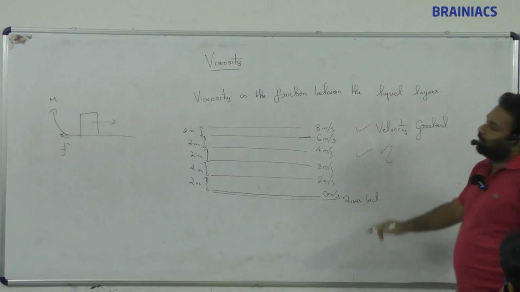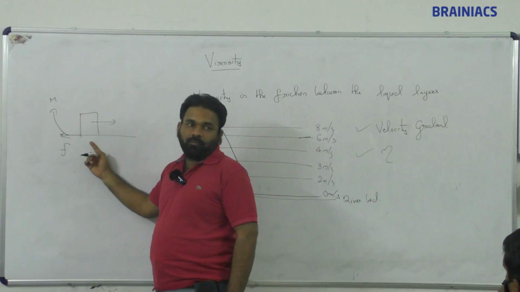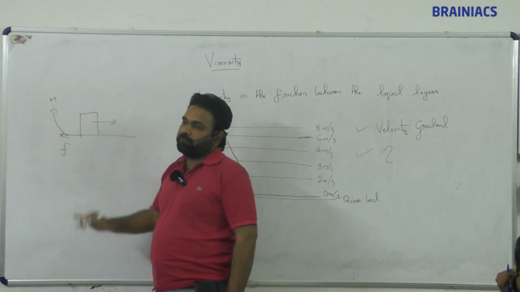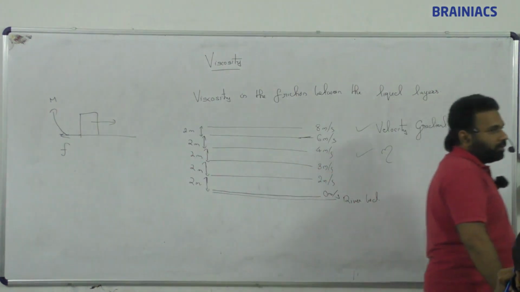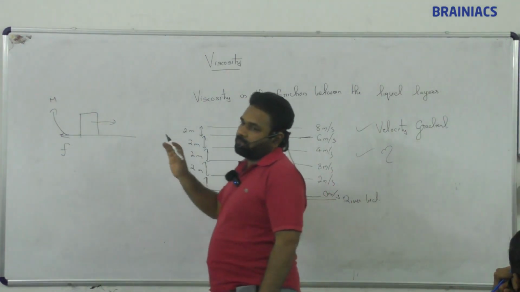Now here the area of this thing, will it make any difference in the friction in Newton's laws of motion? No. Correct or what? In this case we are going to discuss that also.